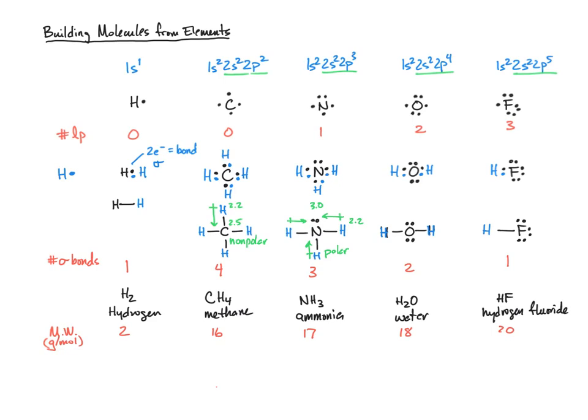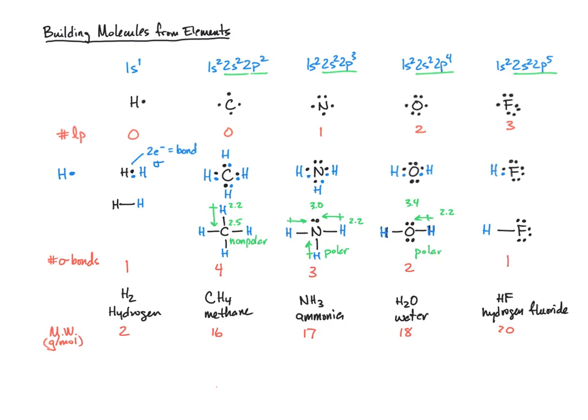For oxygen, we have a value of 3.4, hydrogen's 2.2. Again, there's the OH bond dipole, so there'd be 2 equivalent bond dipoles for water, overall giving you a polar molecule.